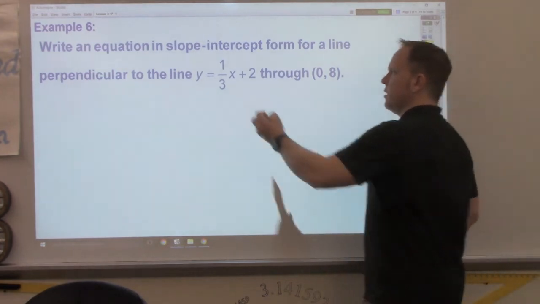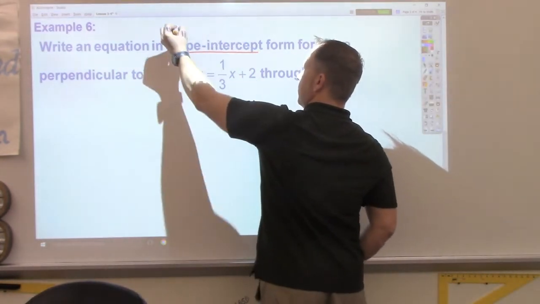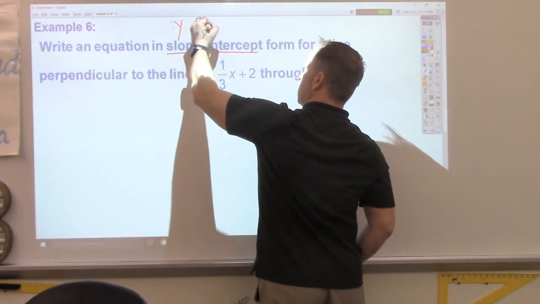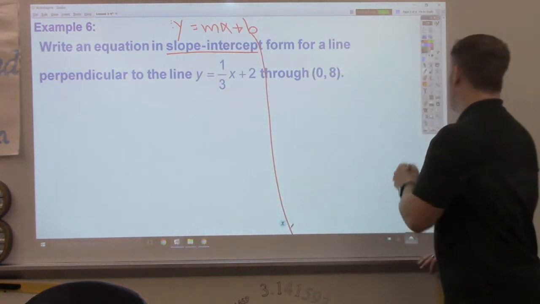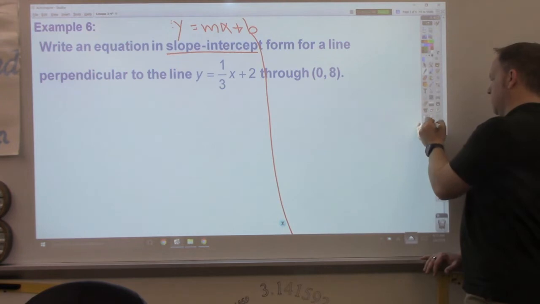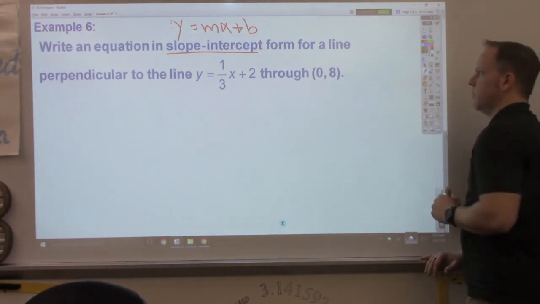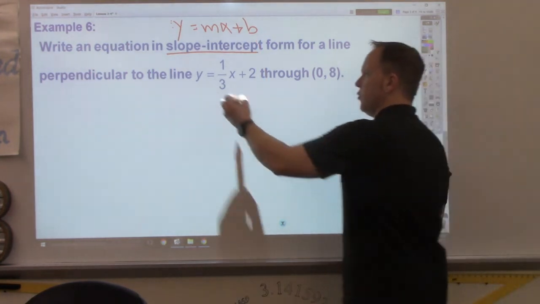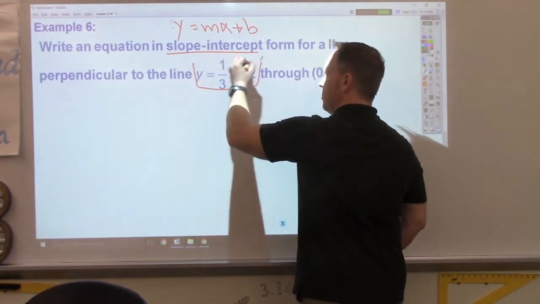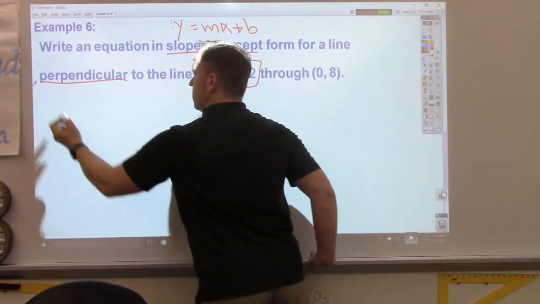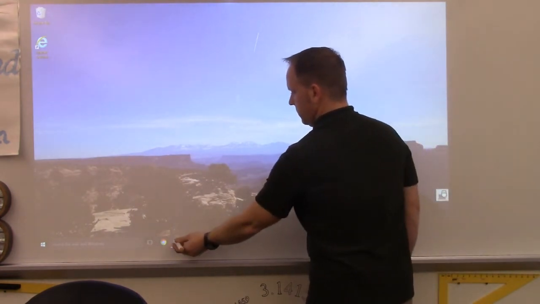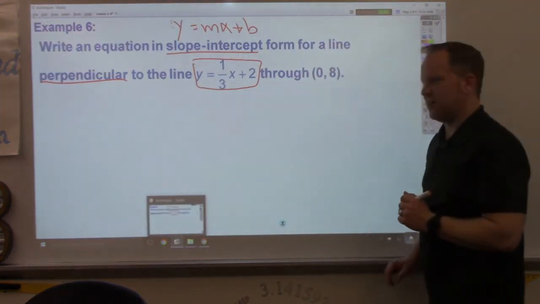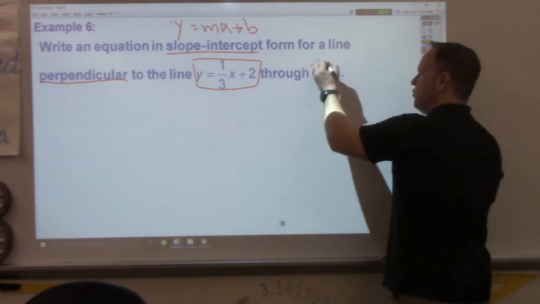Again, slope-intercept form. Perpendicular to this. So again, we're still dealing with perpendicular, but now it goes through this point.